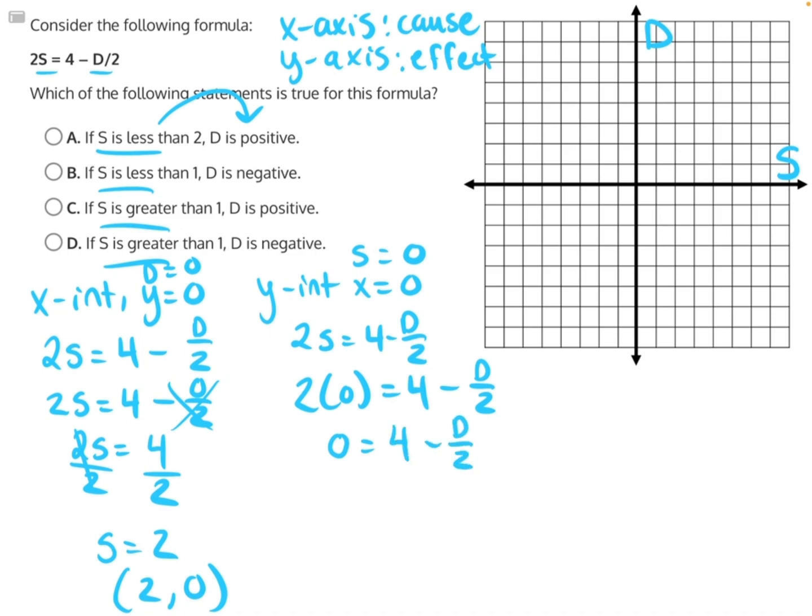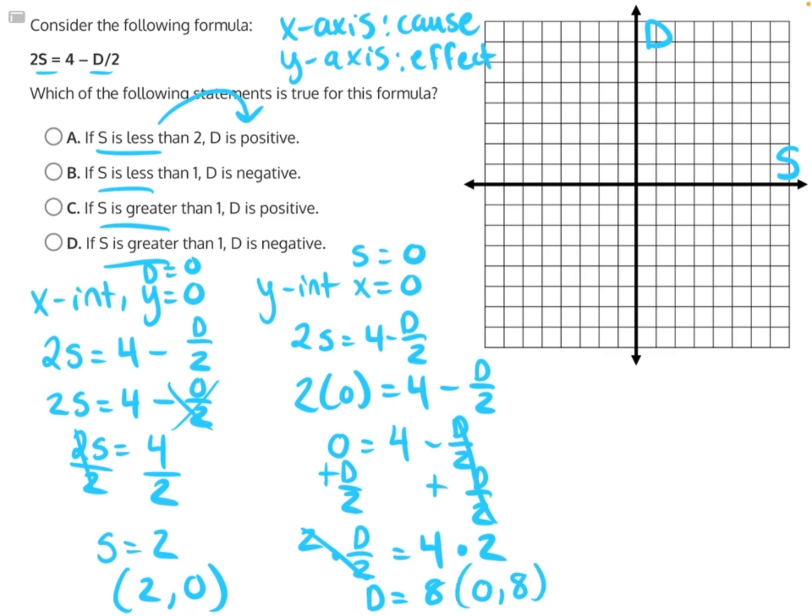Now let's do the opposite, add d over 2 to both sides. These will cancel, leaving us with d over 2 equals 4. And then d is being divided by 2, so the opposite would be multiplying both sides by 2. These will cancel, leaving us with d equals 8, or the coordinate point 0, 8.